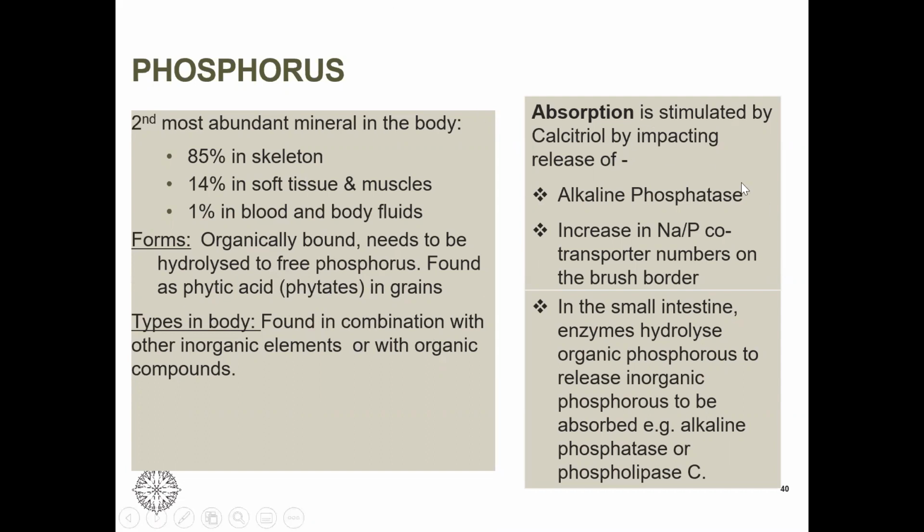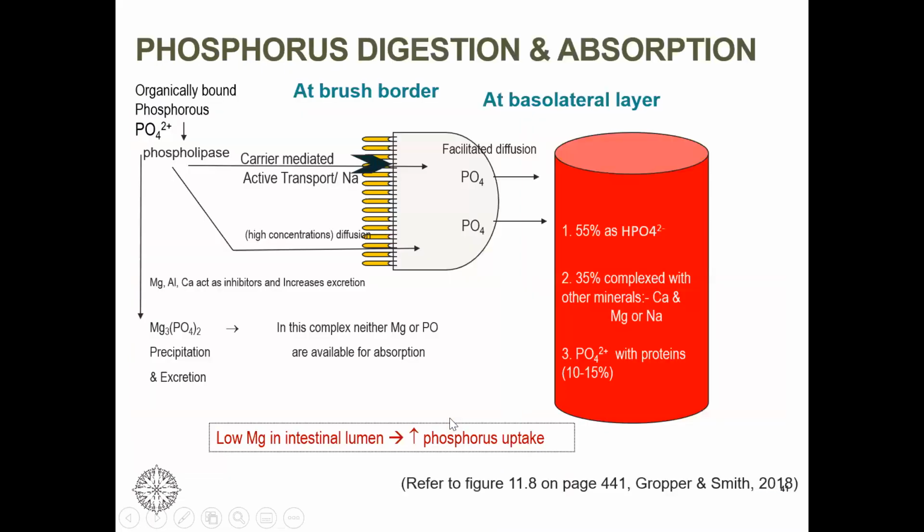Absorption is influenced by vitamin D, and it increases with sodium. How does vitamin D support its absorption? By making the enzyme alkaline phosphatase, and by increasing the numbers of phosphate transporters at the brush border. Organically bound phosphorus has to be acted upon by phospholipase.